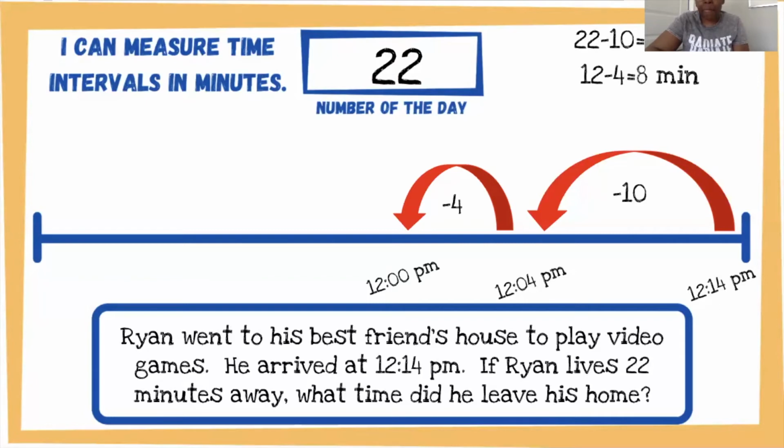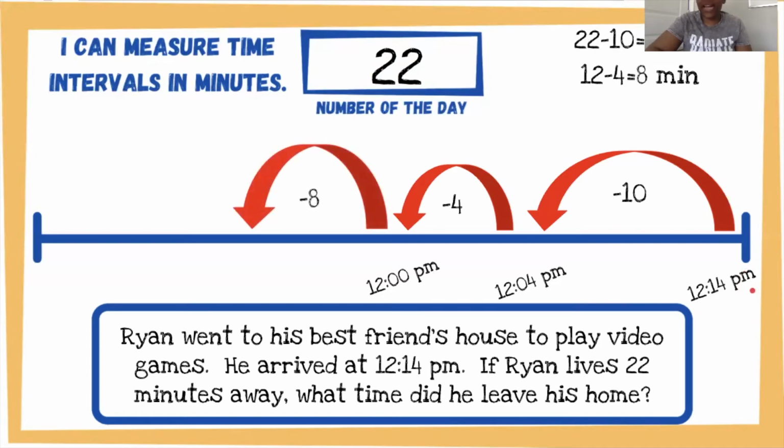Absolutely. So if the time is 12 o'clock p.m. and I still need to go back 8 minutes, what time will it be? Again, keep in mind, the 00 is like a 60. And so if I have 60 and I subtract 8, what number will I be at?